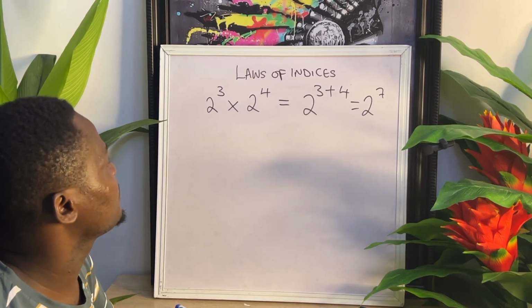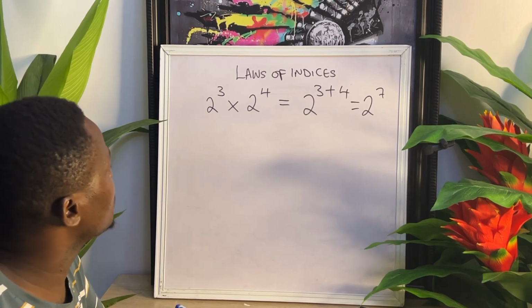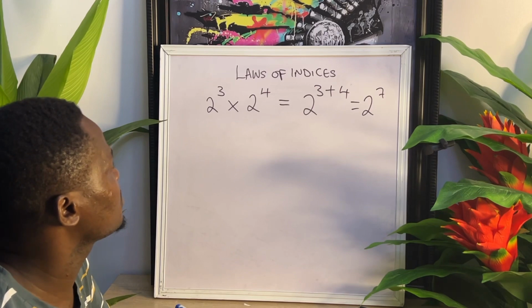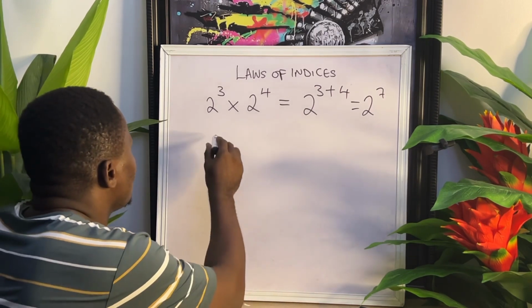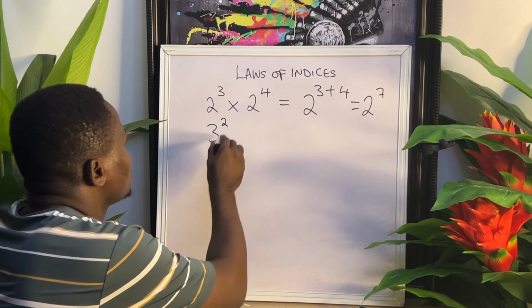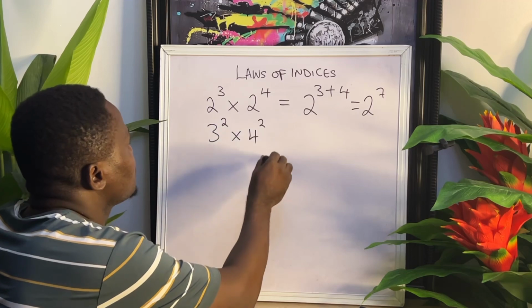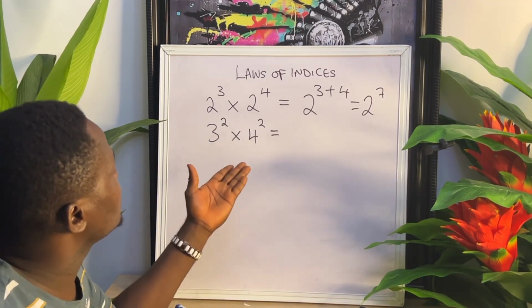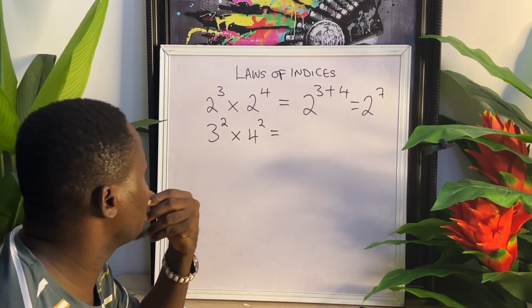However, this can be compared with multiplication law, but this time around with the same powers, but different bases. Take a look. 3 raised to power 2 multiplied with 4 raised to power 2 equal to. This is a situation whereby the powers are the same, but the bases are different.